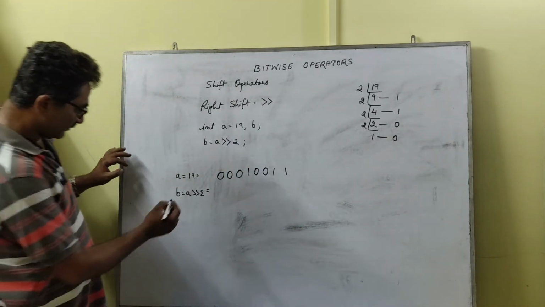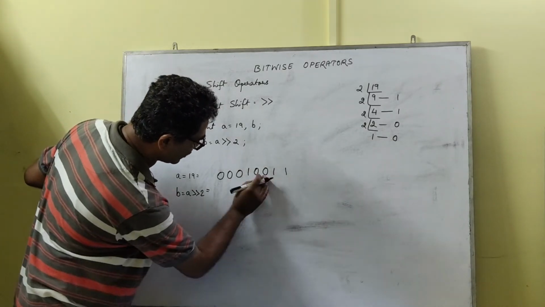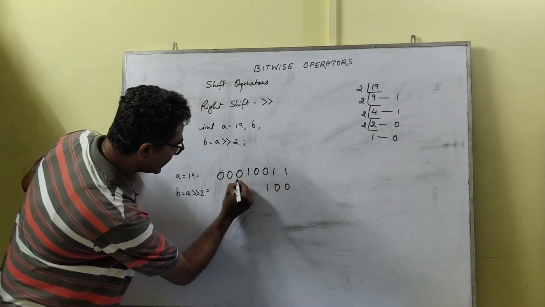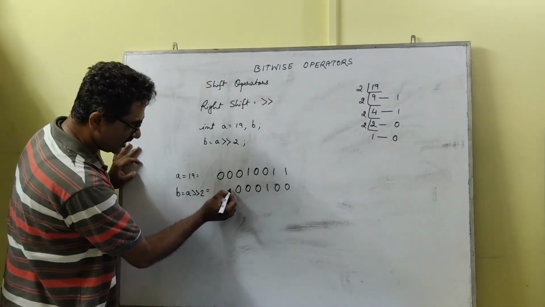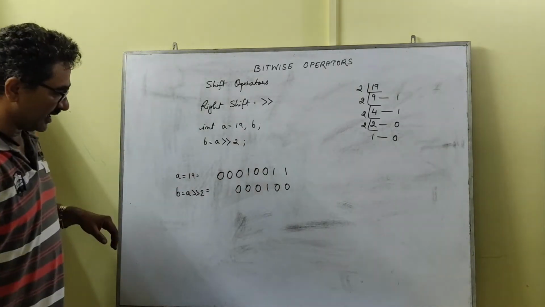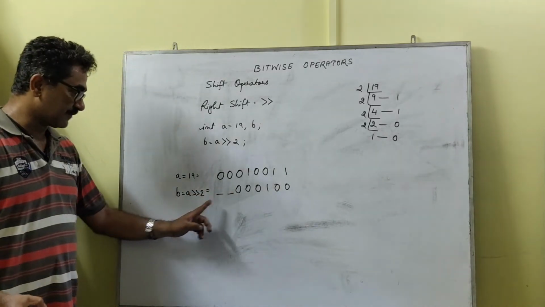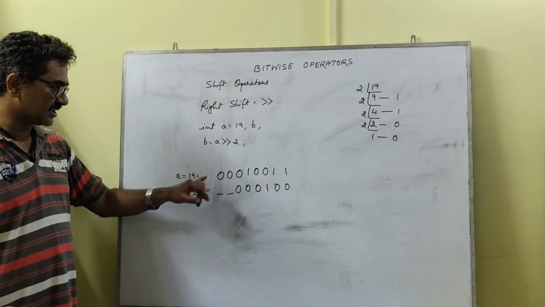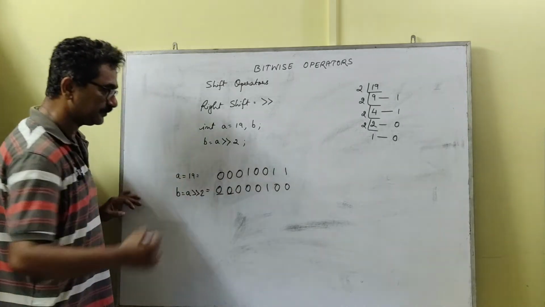Now look at this, A right shift 2. So 2 bits from the right are going to get out. So we are left with 0, 0, 1, followed by these 3 zeros. So there are 2 vacated spaces remaining over here, I can just put an underline. Now look at the number 19. It is positive. Since it is positive, these 2 vacated spaces will get filled up with zeros.